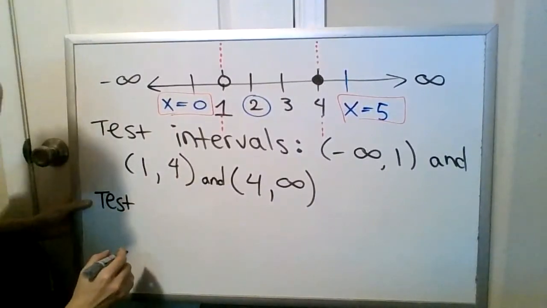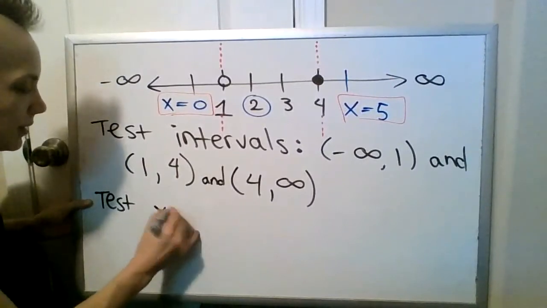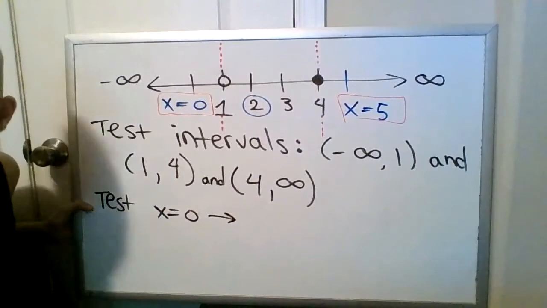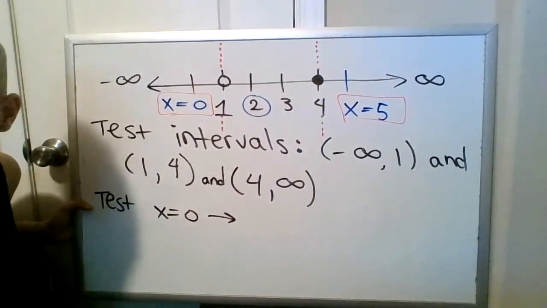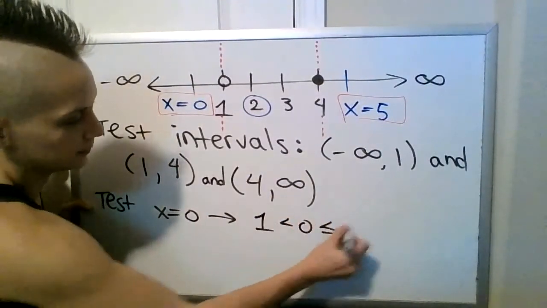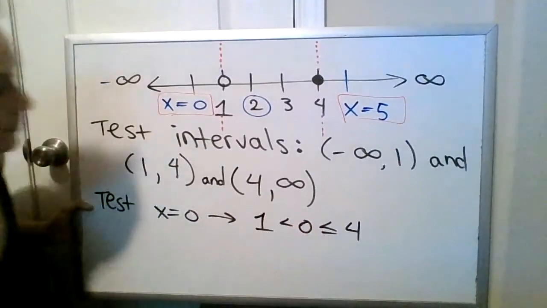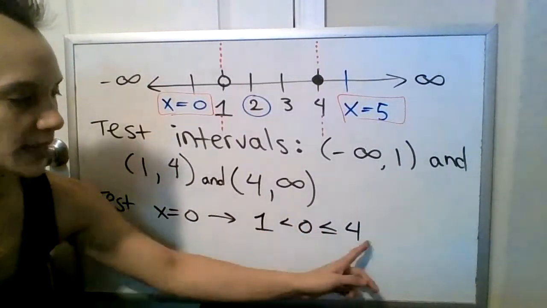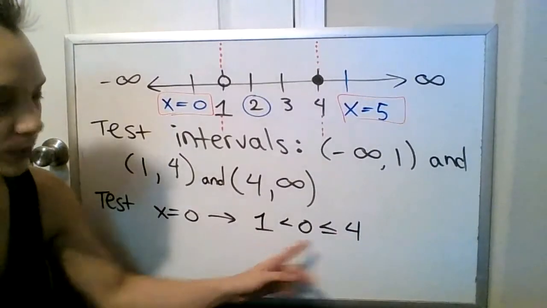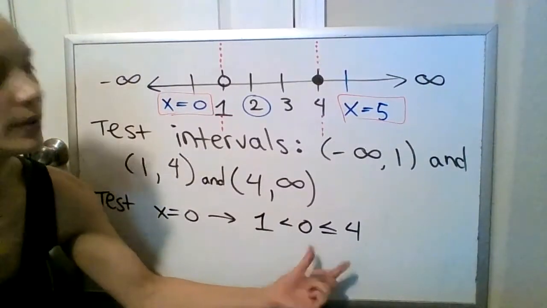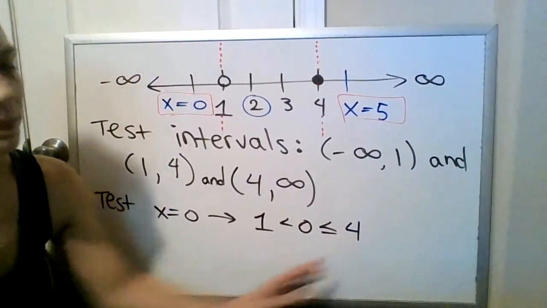Okay, that first one is going to be x equal to 0. Put it into the inequality from the set. So 1 less than 0, less than or equal to 4. This is an and statement where the whole statement needs to be true, so this piece and this piece need to be true for the whole thing to be true.